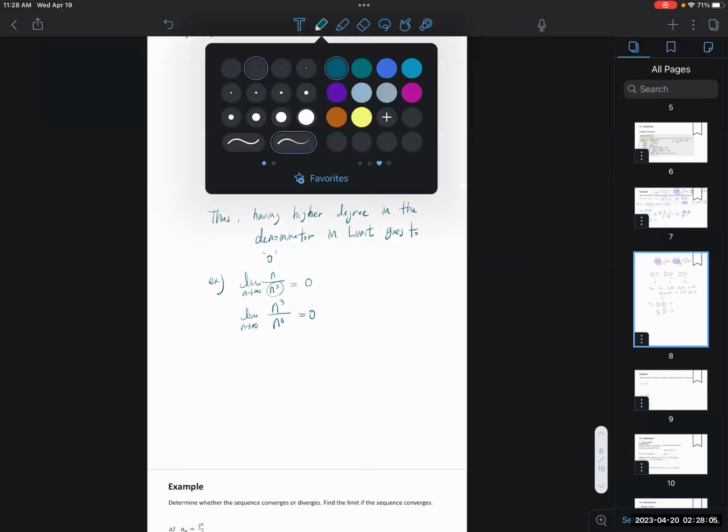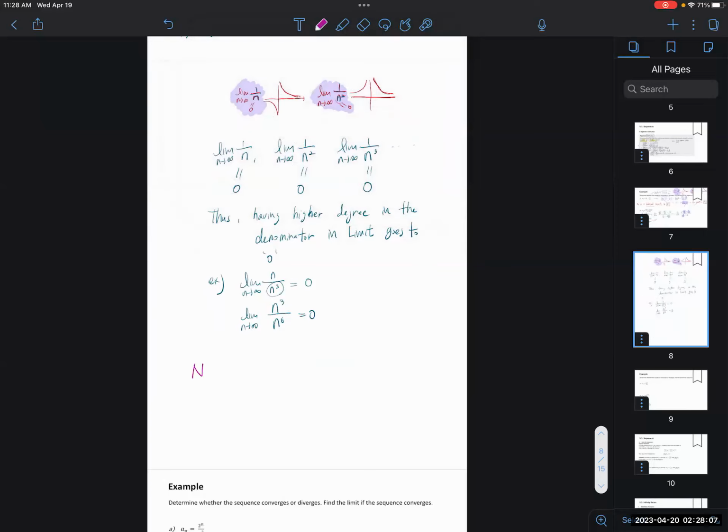Or you can think about the property of numerator or denominator with the limit. We have 3 scenarios. If the numerator degree is less than the denominator, we just said that, for example x to the 2 over x to the 5th, the limit is always 0. How about when the numerator degree is higher, such as x to the 5th over x to the 2nd? The limit is undefined, does not exist.